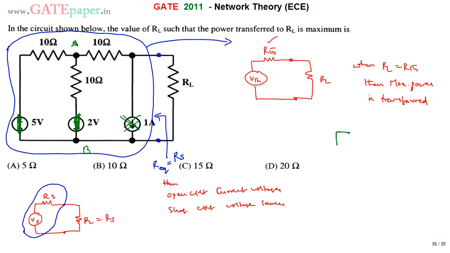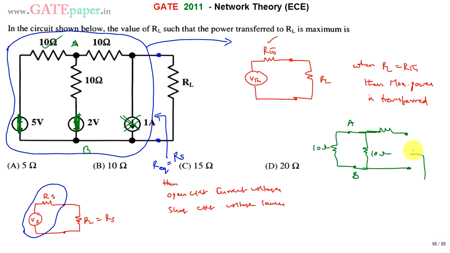From A there is a resistance of 10 ohms to the B terminal, and one more 10 ohms between A and B, and again one more 10 ohms between A and B. Next, between the load terminal and A there is one more 10 ohms. So this is the equivalent circuit.